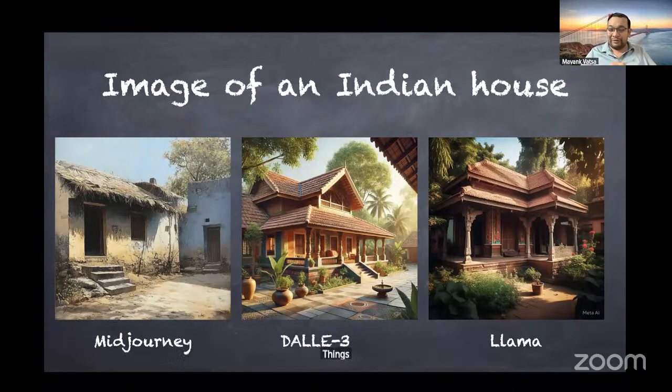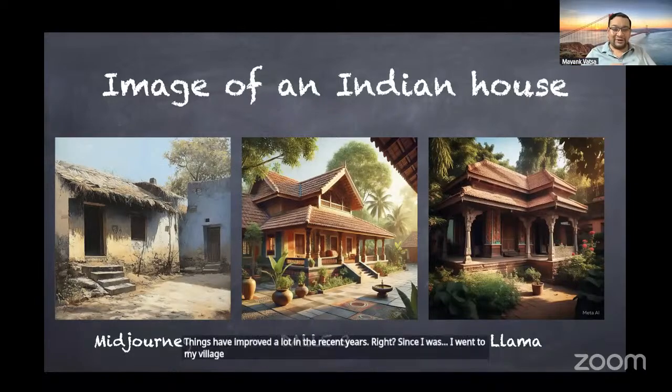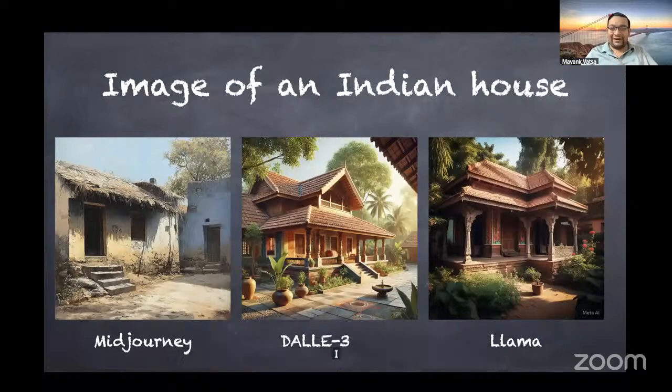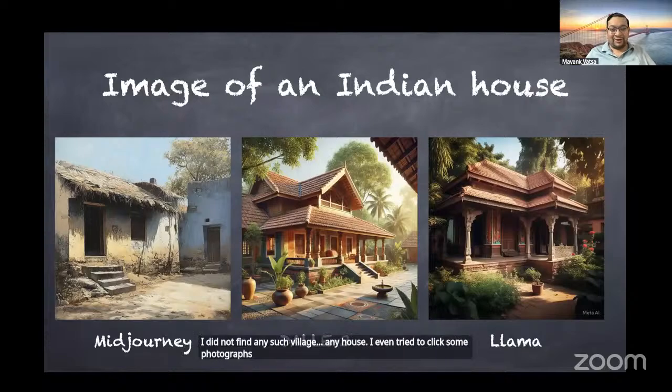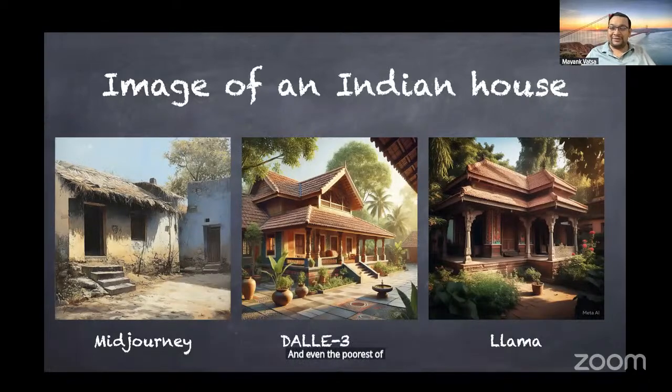Things have improved a lot in recent years. I went to my village this summer and did not find any such house. I even tried to click photographs of houses in my village. Even the poorest of the poor had a much better, decent quality house than this.